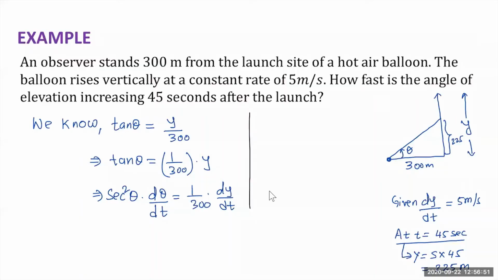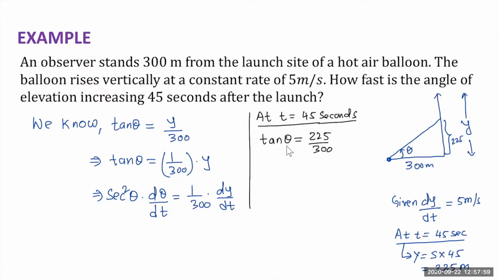So at t equal to 45 seconds, not degrees, your tangent theta will be 225 over 300, because tangent is opposite over adjacent and at 45 seconds your height is 225.